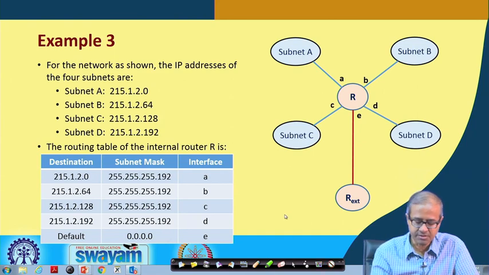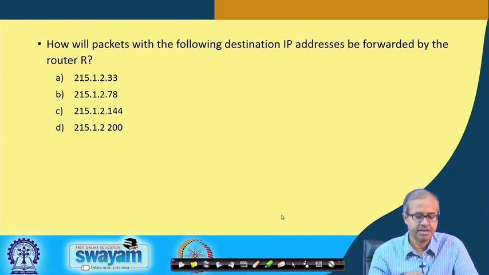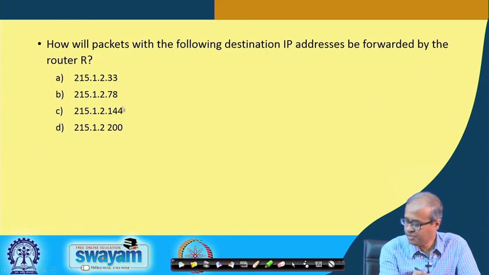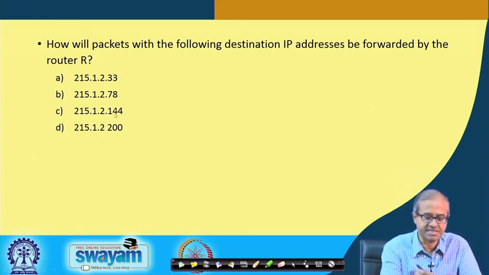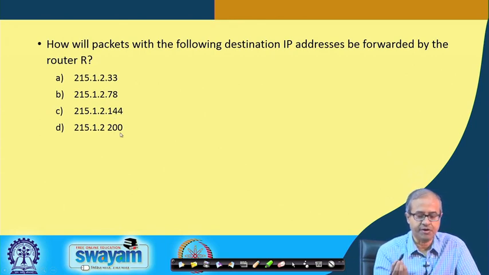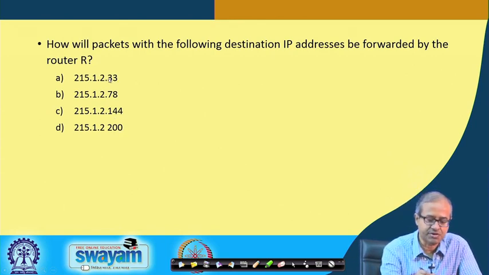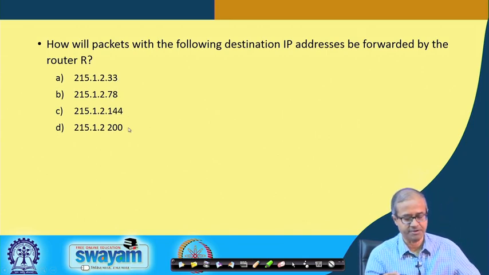Let us go to the next slide. Here we will work out these examples for these 4 packets. These are the destination addresses, and we will try to find out what will happen. In the first one, the last byte is 33, then 78, 144 and 200.